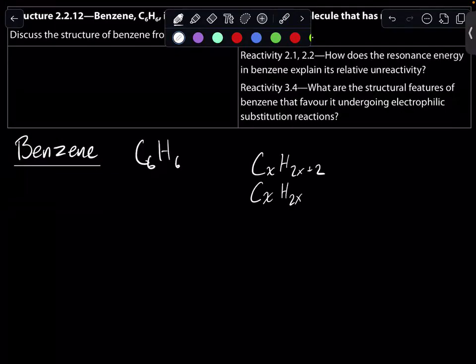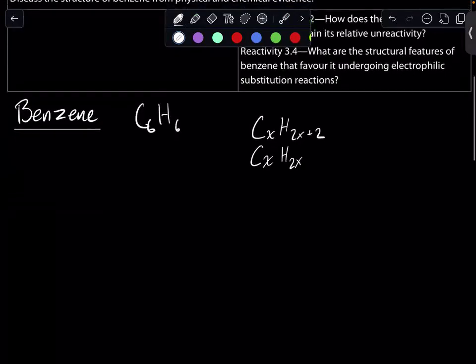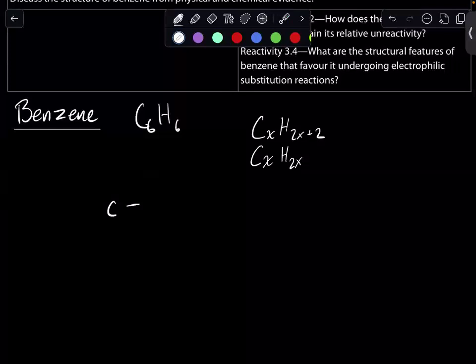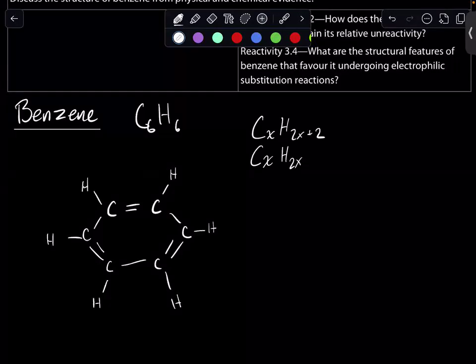So benzene was kind of a weird molecule until we had a scientist named Kekulé, who proposed the idea for benzene to be a carbon ring with three double bonds. So this was the working theory for benzene.